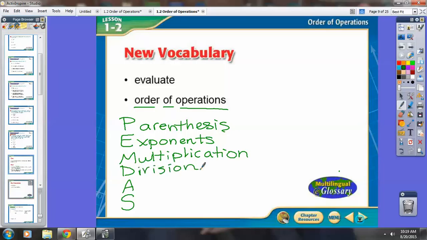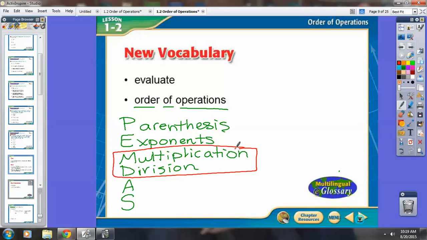I want you to put a box around multiplication and division, if you would, please. Anybody know why I might say that those two are closely related? Jared? Because you do them both the same, like if multiplication comes before division, you'll do the multiplication first, or if division comes before the multiplication, you'll do the division.